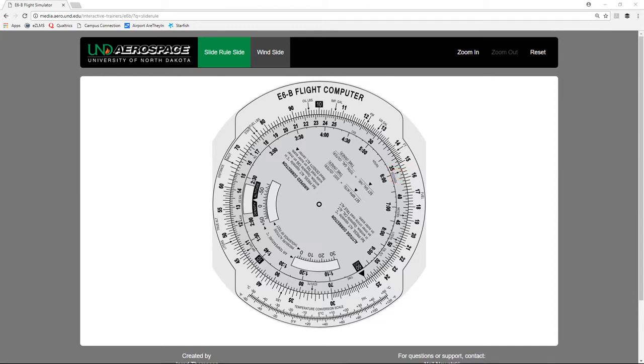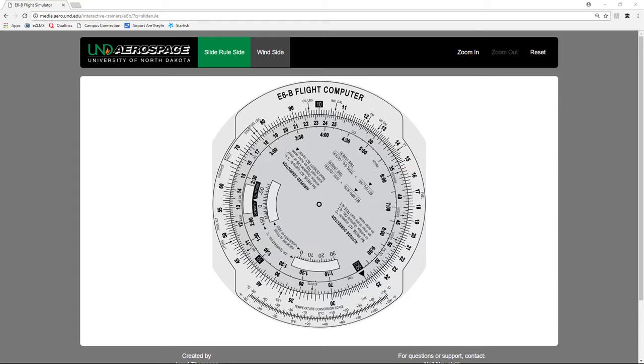We can now find the time, 36 seconds, which just so happens to be in the same place as our arrow right here. And above that on the A scale will be our distance. So that's about 1.55 miles.